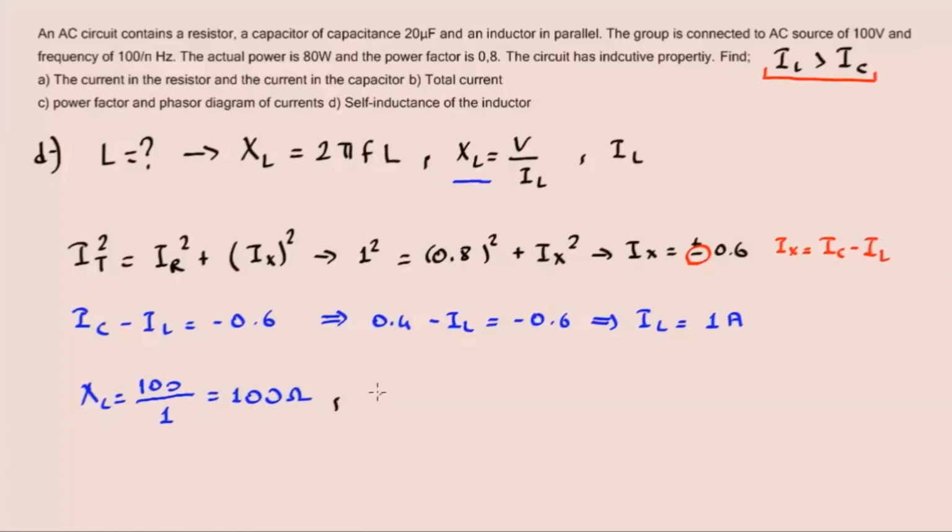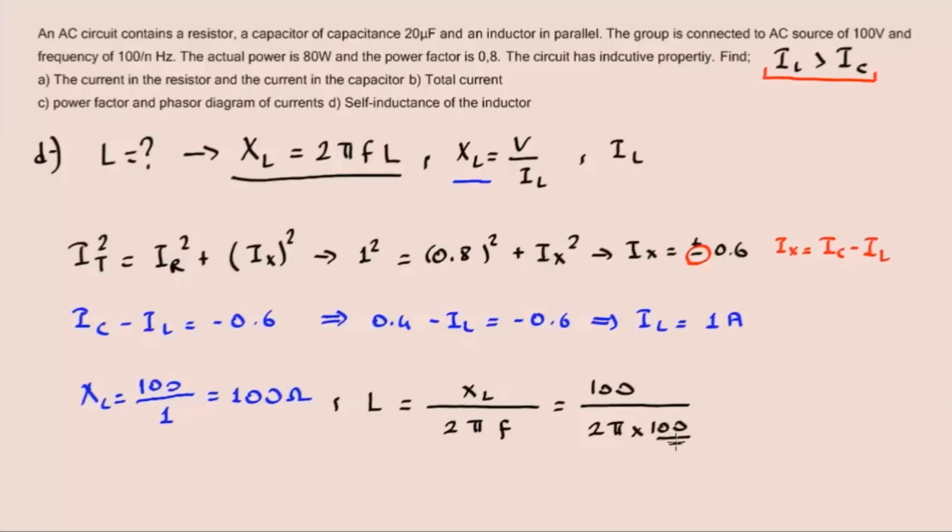By using XL equals 2 pi F L, L equals XL over 2 pi F. XL is 100 over 2 pi times F, and F is 100 over pi. It's going to be 1 over 2.